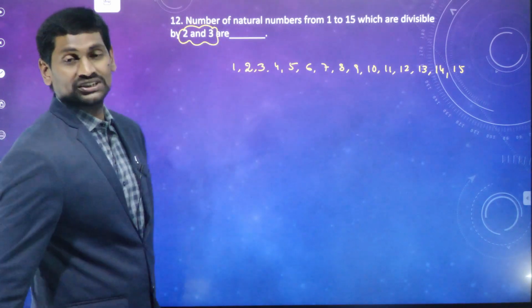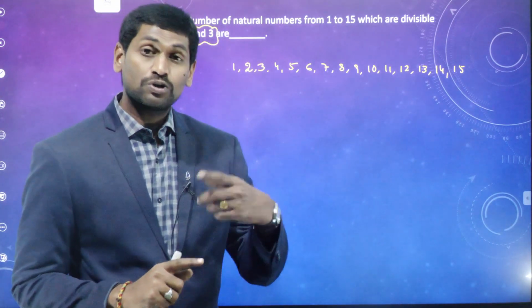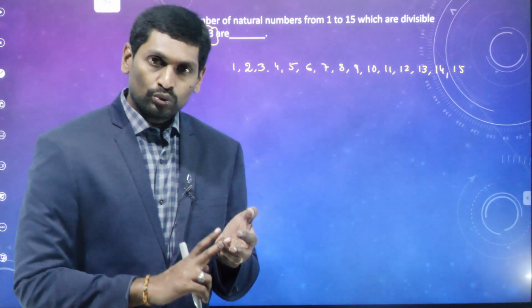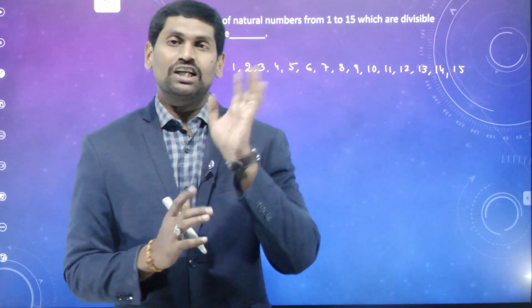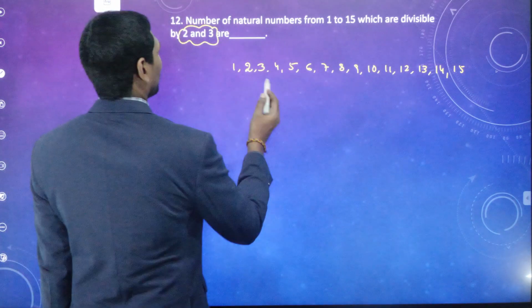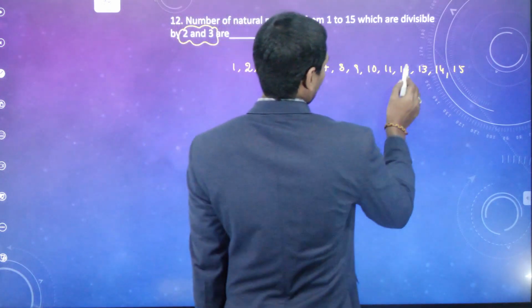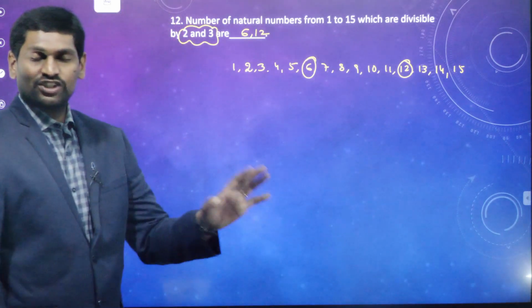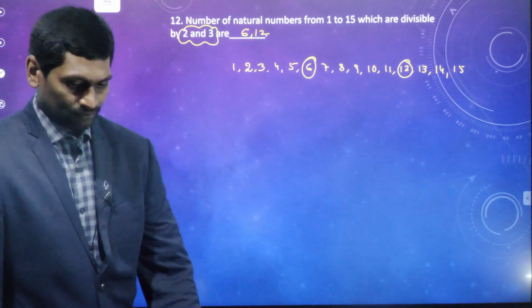That is rule number 6: if a number is divisible by 2 and 3, then the entire number is divisible by 6. So we should take the multiples of 6, which are 6 and 12. Only these two numbers will come in both the 3 table and the 2 table.